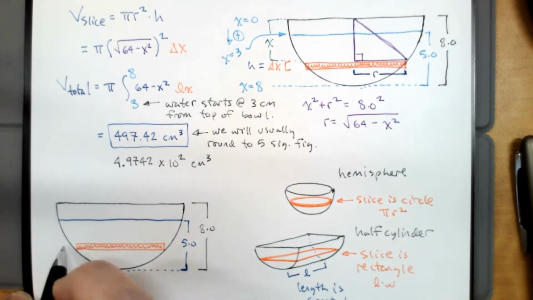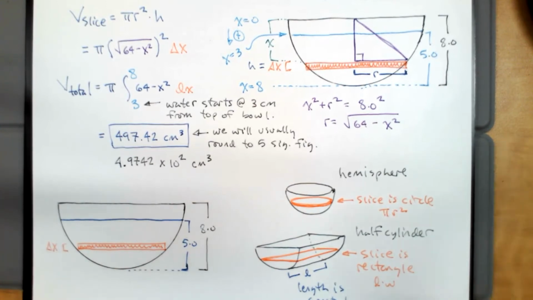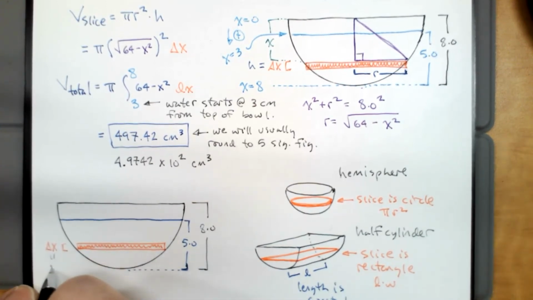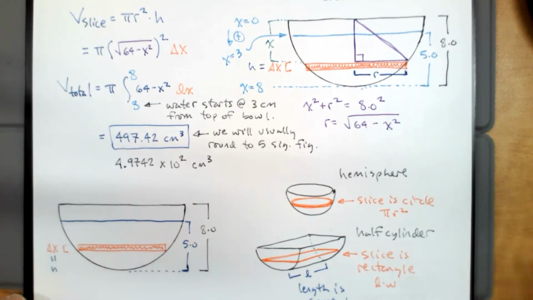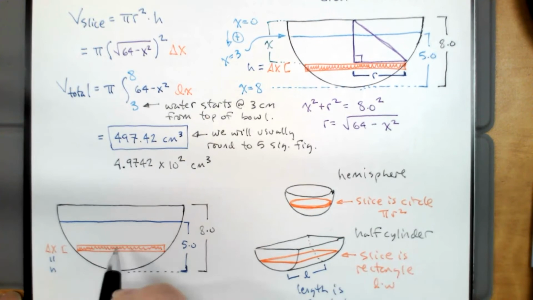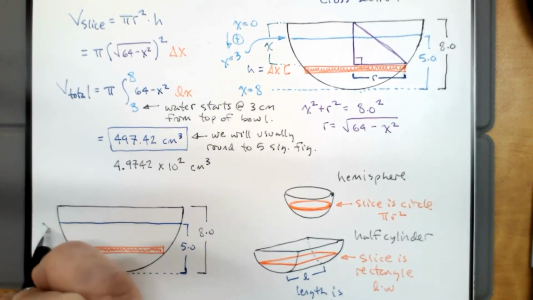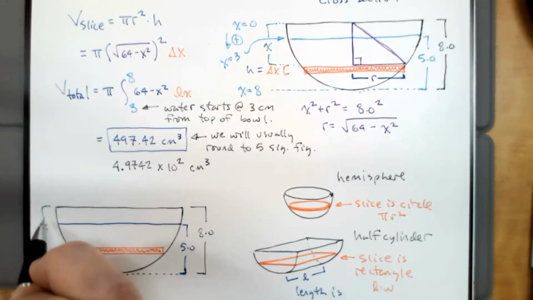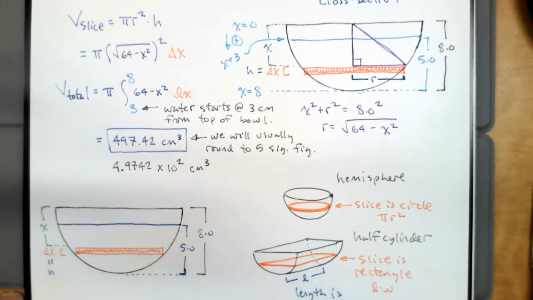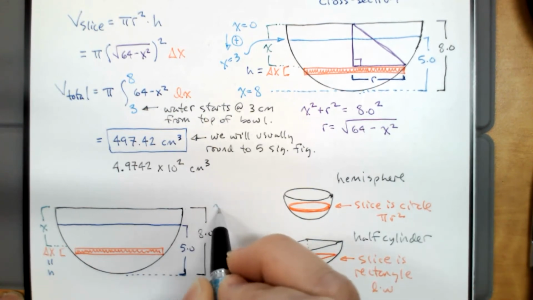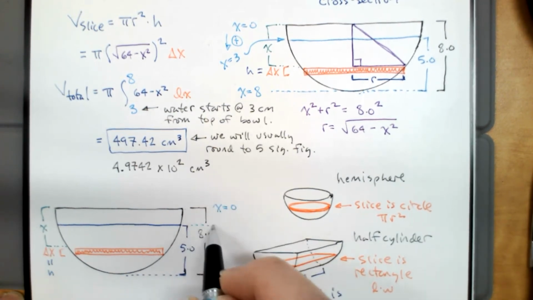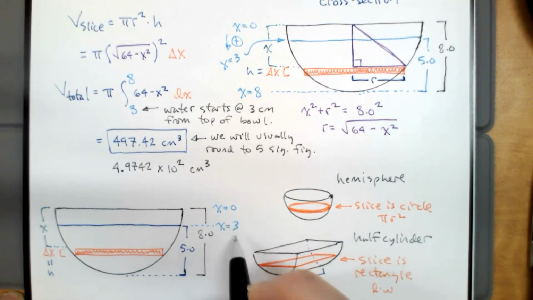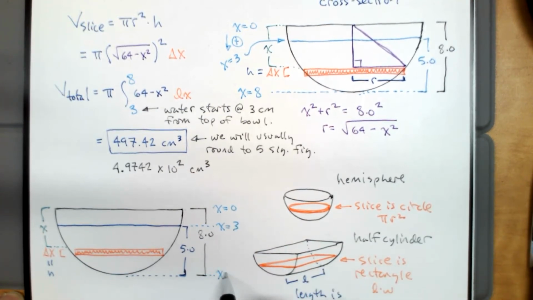I'm not switching that up yet. Delta X is going to be our height. I'm going to still use the same X, which will be the distance from the top of the bowl to the slice. So the top of the bowl is still X equals 0. Surface of the water is still at X equals 3. Bottom of the bowl is still at X equals 8.